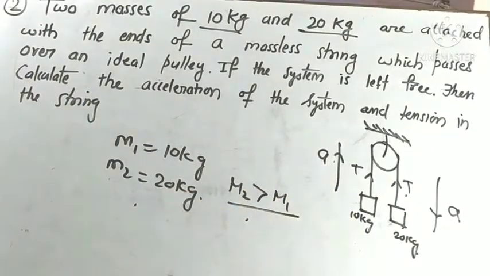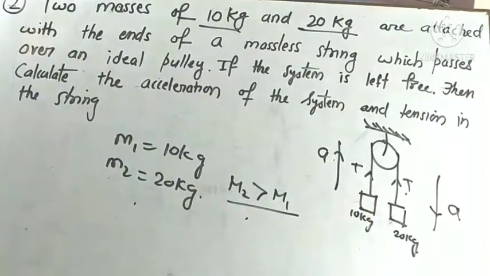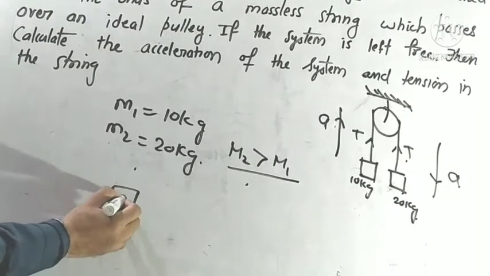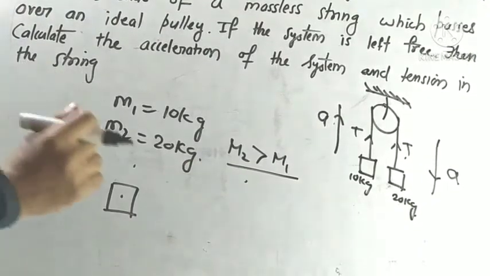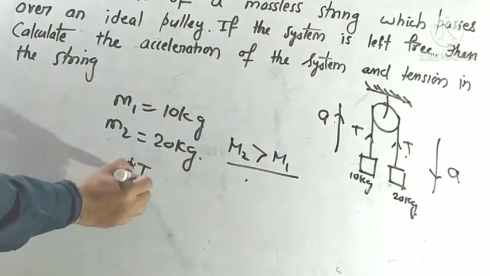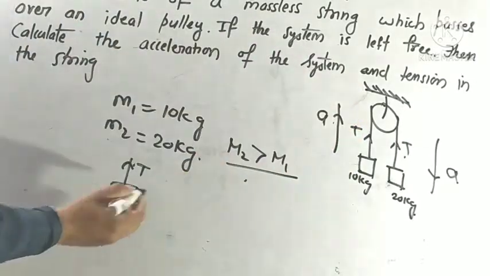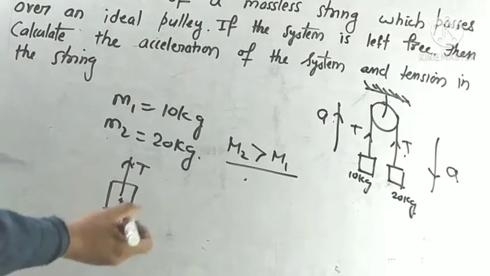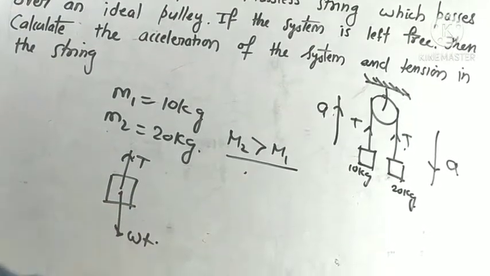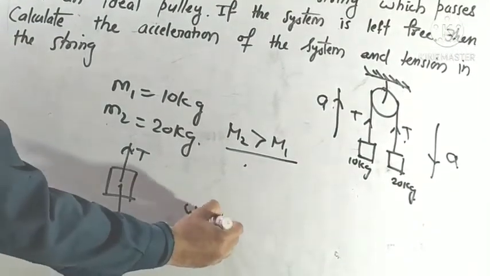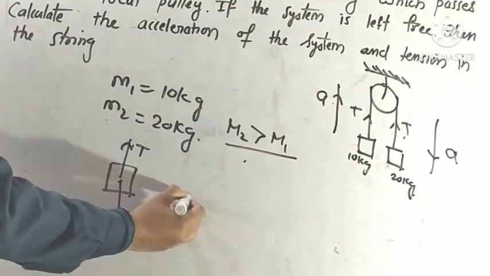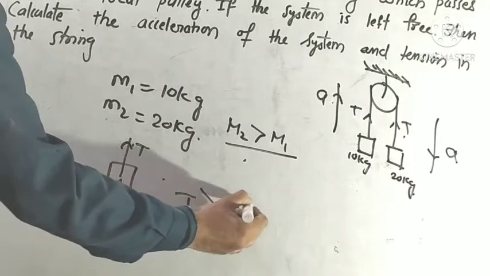Now we see the free body diagram of the first body having mass 10 kg. There are two forces on this body: tension T in the string working vertically upward, and the weight of this body working vertically downward. This body will move vertically upward with acceleration A, hence tension T is greater than the weight of this body.